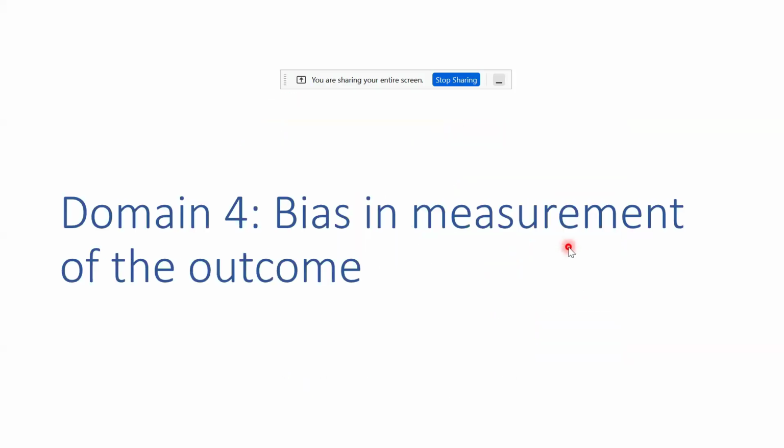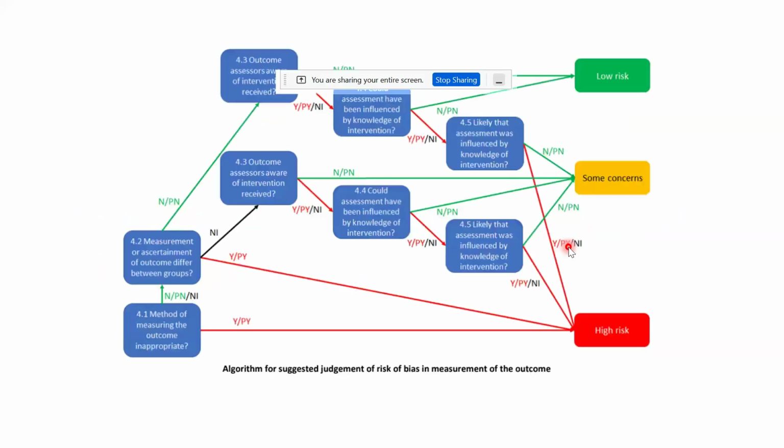The next domain is domain 4, which is bias in the measurement of the outcome. Starting with 4.1, our first signaling question is: was the method of measuring the outcome inappropriate?